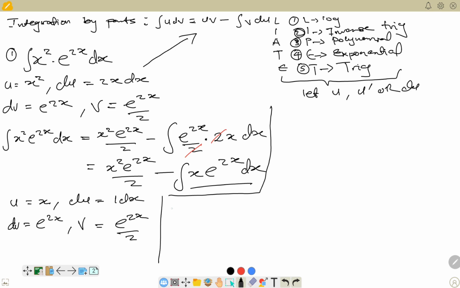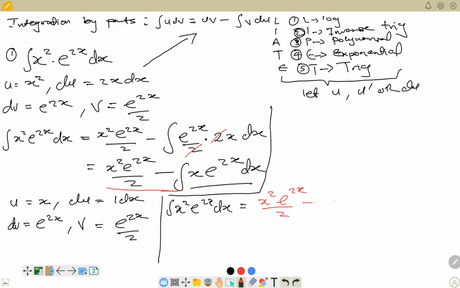Now we need to substitute into the formula. So we must not forget what we had here when we go and substitute. We still have x squared times e to the power 2x over 2 minus the integral of x e to the power 2x, and we have already worked everything out.